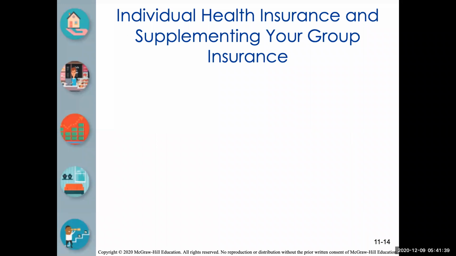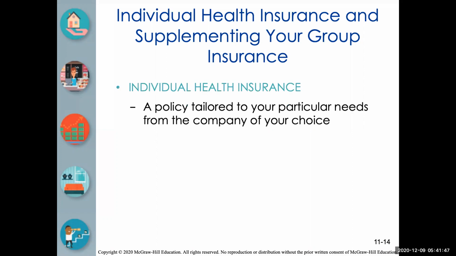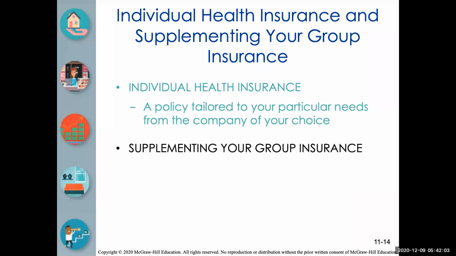When that's the case, you have access to individual health insurance, which allows you to tailor your policy to your specific needs. And you can get this supplemental policy from a whole host of companies of your choice.